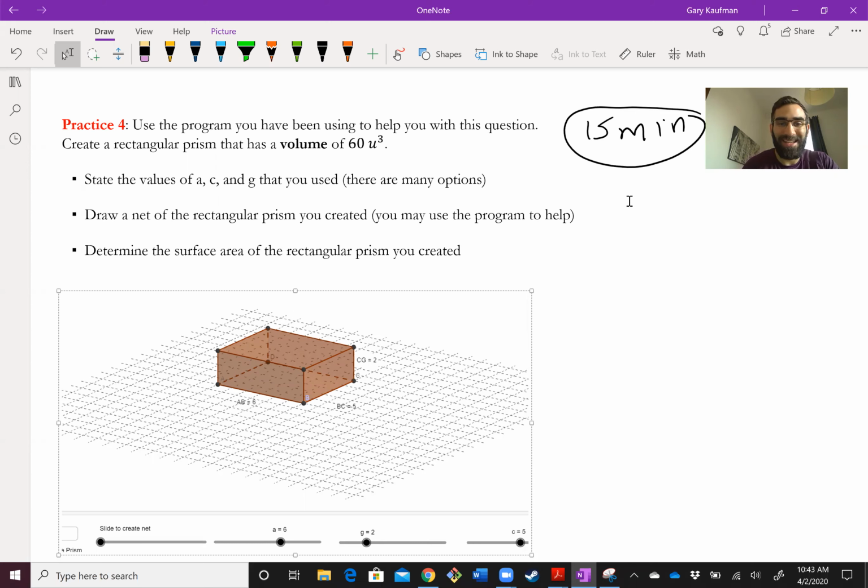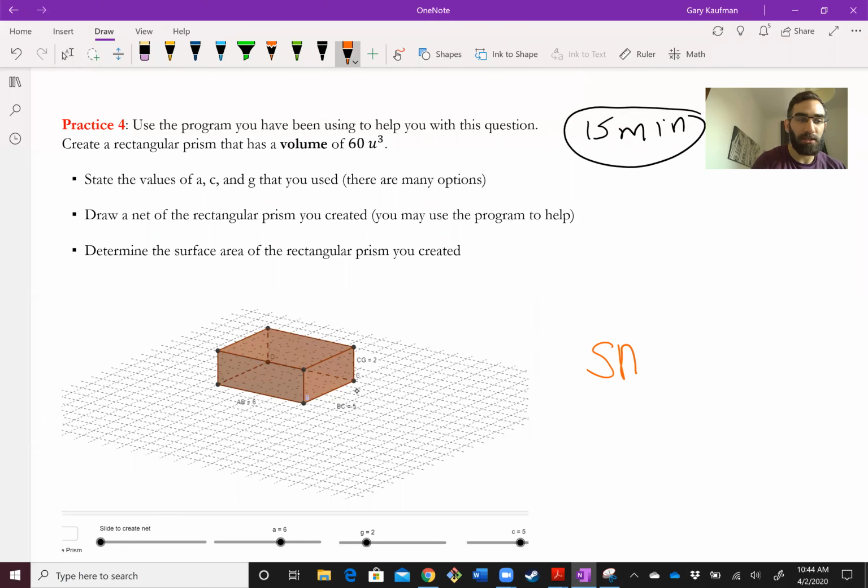Now, when we take a look at this, I've given 2 examples. In this one, I've made it a 6x5 base with a height of 2. My volume is 60. And when I found the surface area of this, it was 104 units squared.